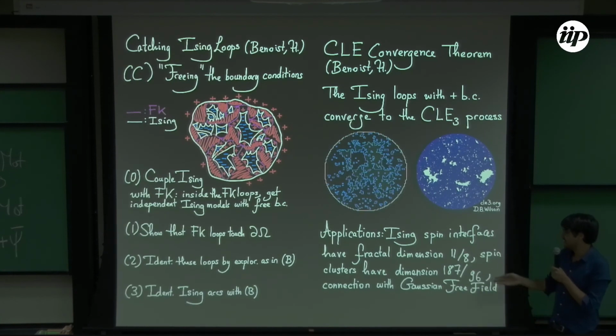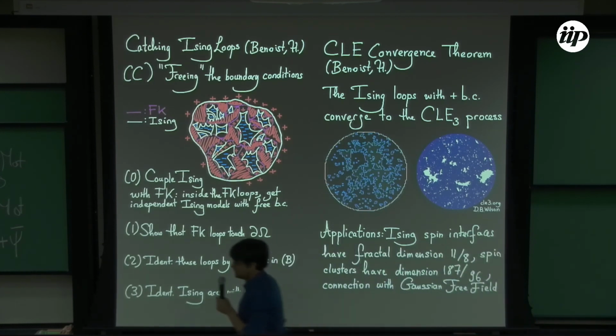As probably predicted by Bertrand some time ago, the Ising spin interfaces have fractal dimension 11/8, and the macroscopic spin clusters themselves have a fractal dimension 187/96. It's also nice that you can use this to make fairly simple connections with a Gaussian free field, which Scott spoke about. But okay.